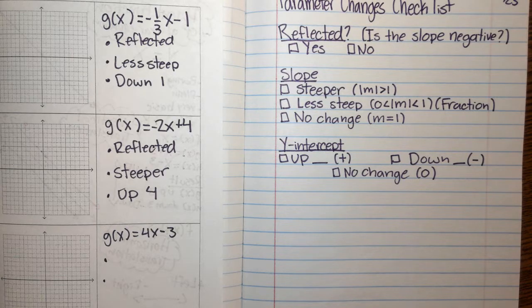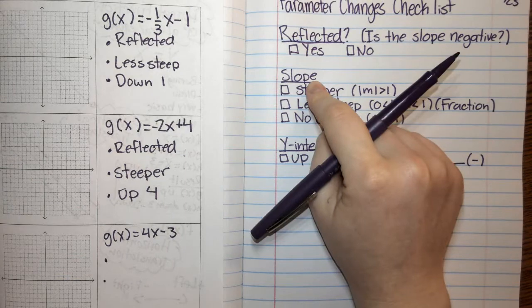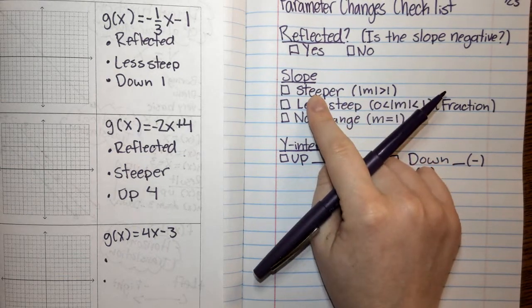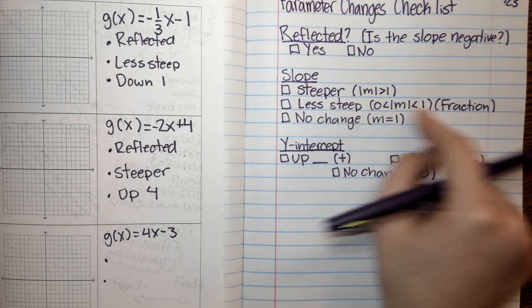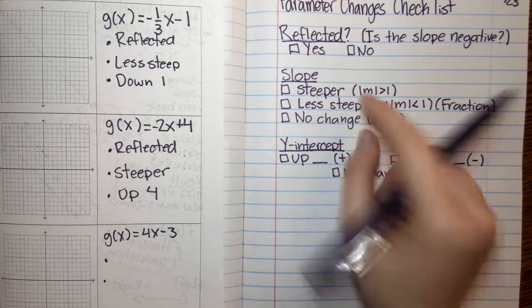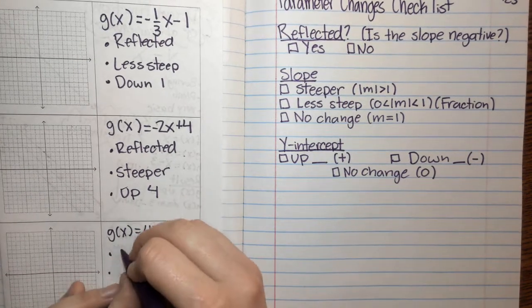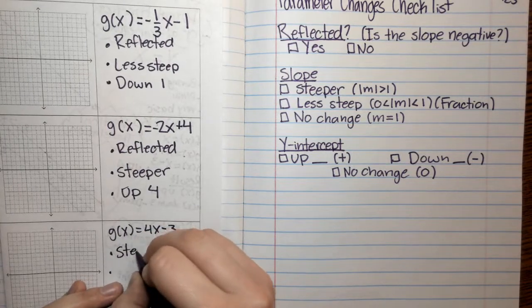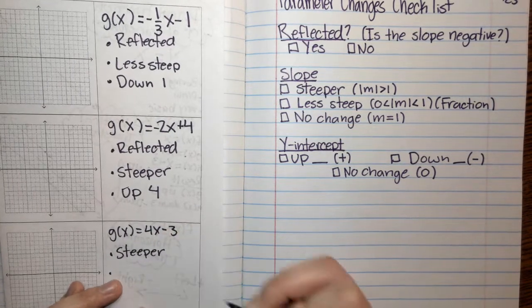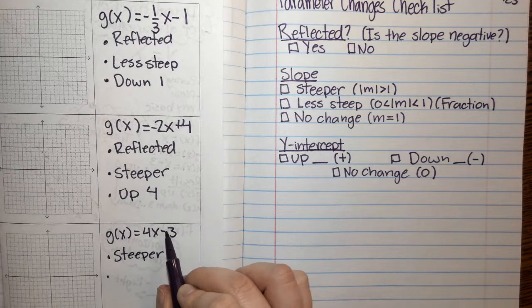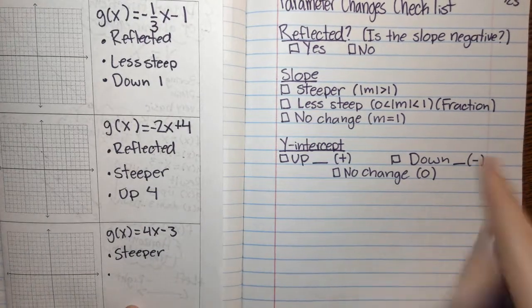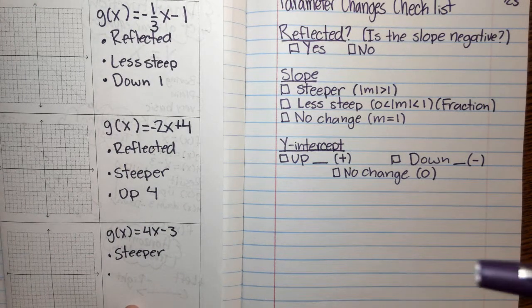If it's not different, don't write it down. All right, the slope. It's getting steeper because it's not a fraction where the absolute value is greater than 1. And look, I've got a negative y-intercept, which means it's going down 3.